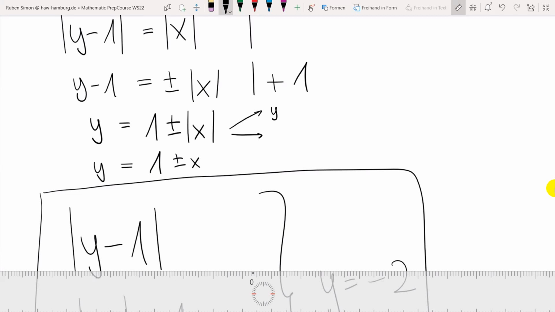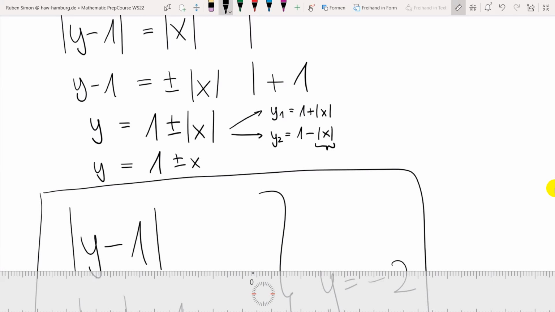The first one would be 1 plus the absolute value of x, and the second one would be 1 minus the absolute value of x. So what does the absolute value do to our variable x? No matter if x is positive or negative, the absolute value will always give you the positive magnitude.